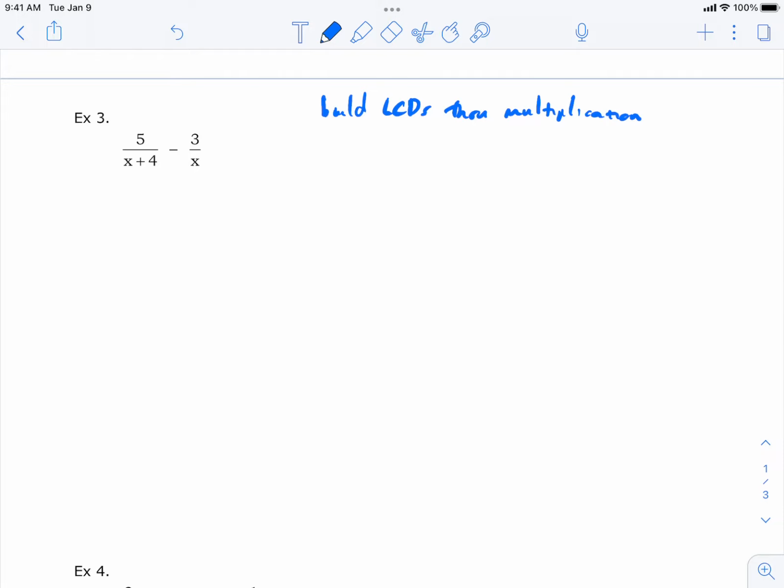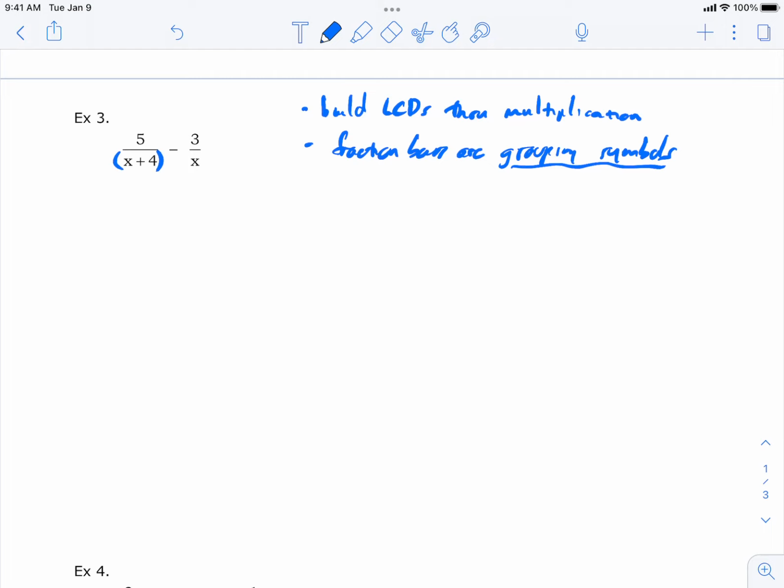So the other thing to think about is that fraction bars are grouping symbols. And when I say they're grouping symbols, what I mean is that x plus 4 should be thought of as a group, as something in parentheses. It's one x plus 4 object.